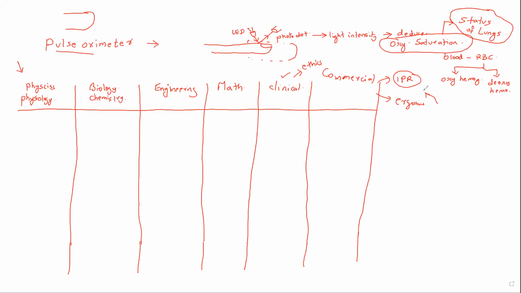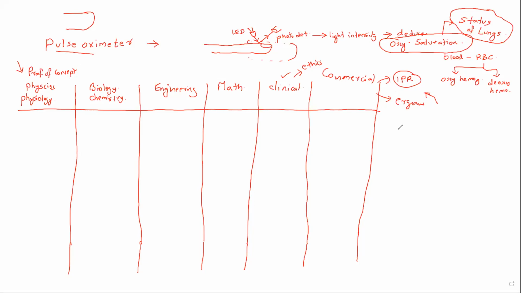If you can reach up to this point, then that becomes really fruitful. That means you start from a proof of concept. You have got an idea, and from that, you start moving with the help of all this information to clinical trial, then to the commercial, with the help of all sorts of IPR that you have to put in. And finally, you will get a nice product which can be sold, right?